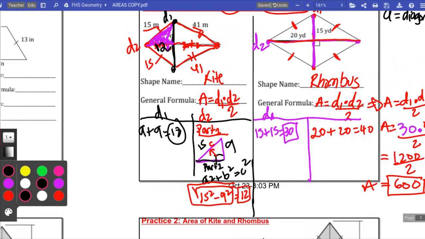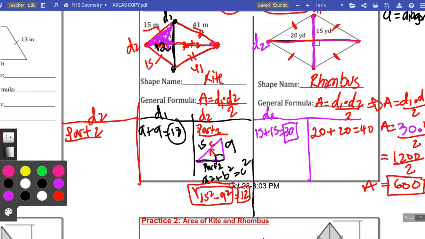I'm running out of room, so I'm going to do part 2 right here. We're still working with D2, part 2. I need to draw another triangle.